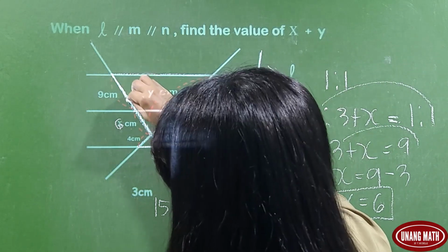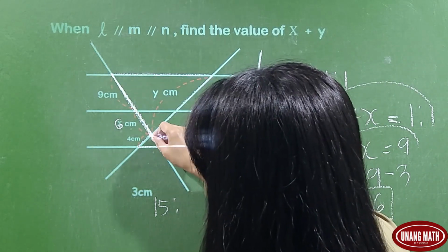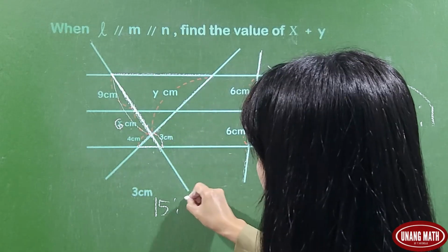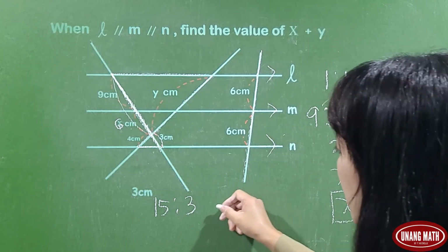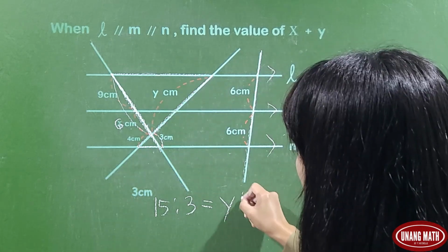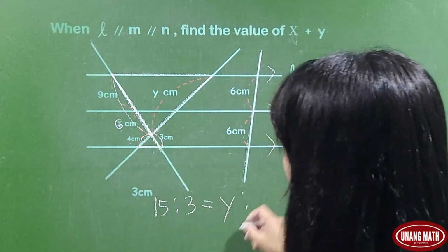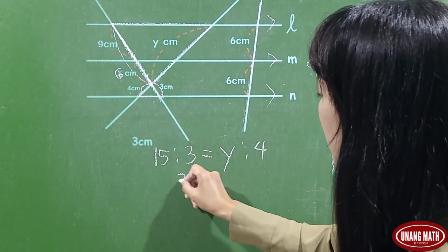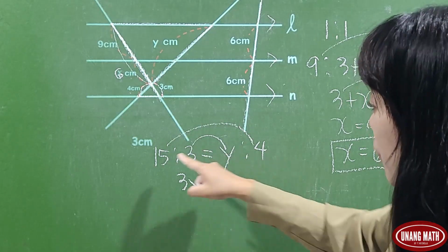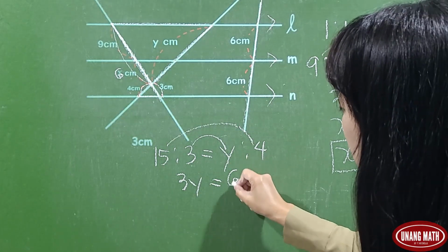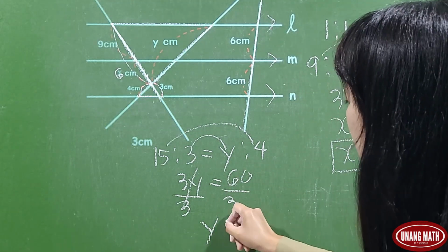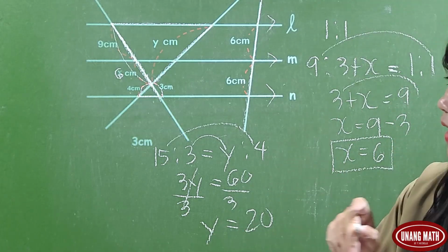Now, what would be from here to here? This one is 3 centimeters. This is equal to, from here to here, that would be Y, is to this 4 centimeters. So this is 3Y equal to 15 times 4, that's 60. Divide both sides by 3, then Y is equal to 20.